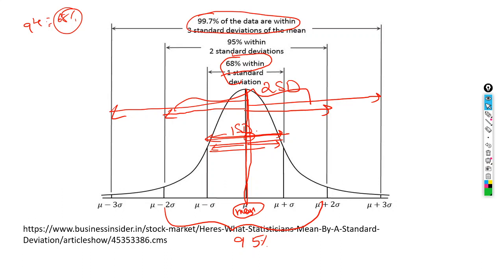So here one standard deviation, two standard deviations, three standard deviations are there. But in the real-time industry, most people use the third standard deviation, meaning 99.7% of the data values fall within this range.